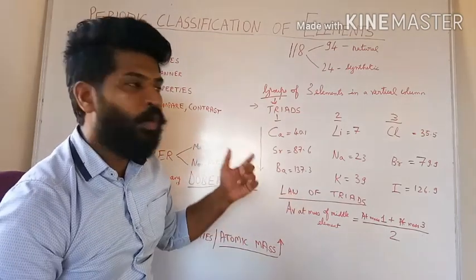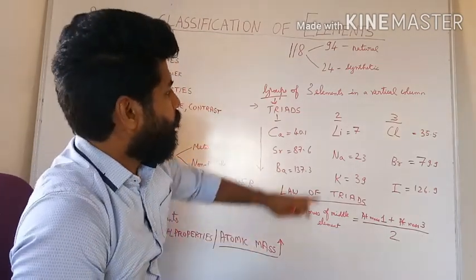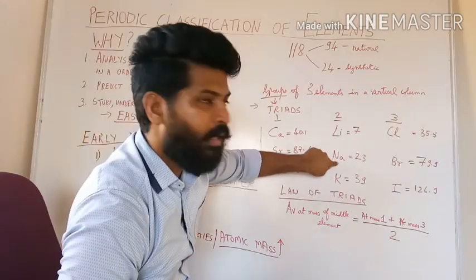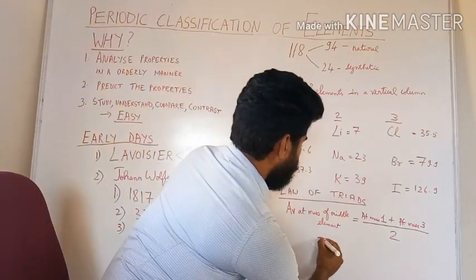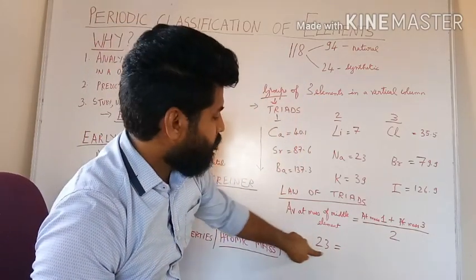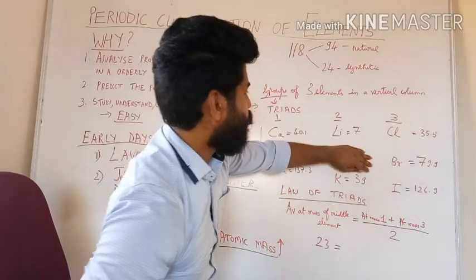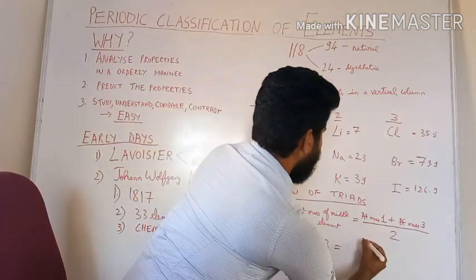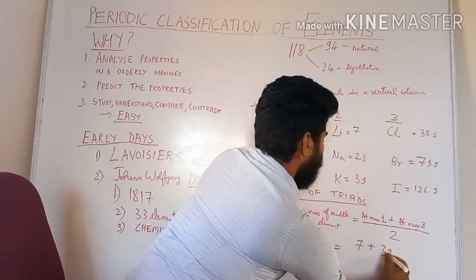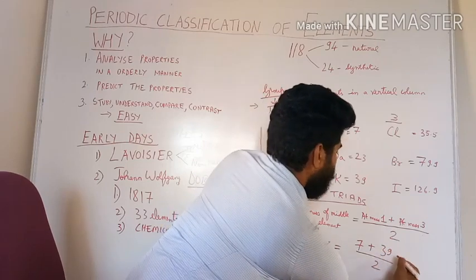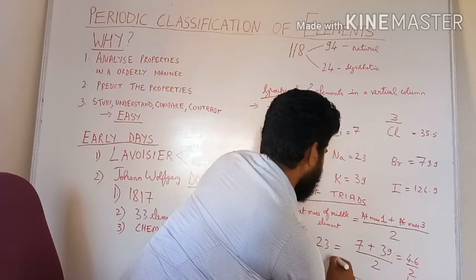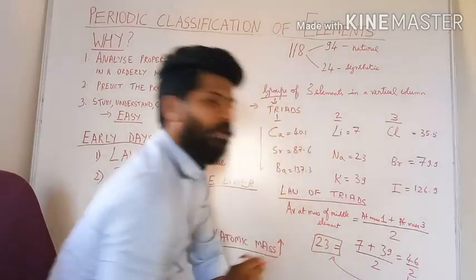Let us look whether it is true or not. So we will take triad number 2. The middle element is sodium. So that is sodium atomic mass is 23. We have to find out whether this is true or not. So when we add the atomic mass of the first element, that is 7, and the third element 39 divided by 2, that is 46 by 2, which is equal to 23.